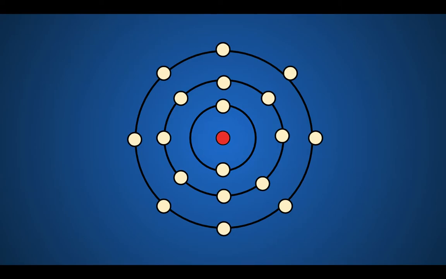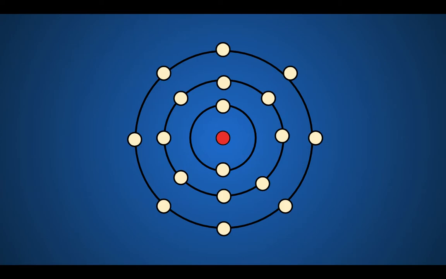The first circle around the nucleus is the first energy level. That energy level can hold 2 electrons. Then as we move outward, the second energy level can hold 8 electrons. Again, the third energy level, we have 8 electrons.